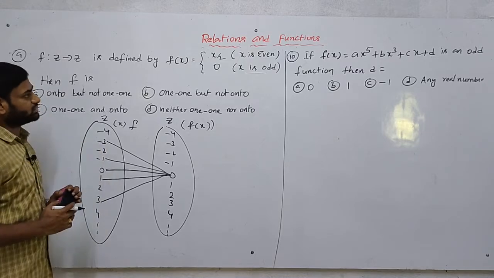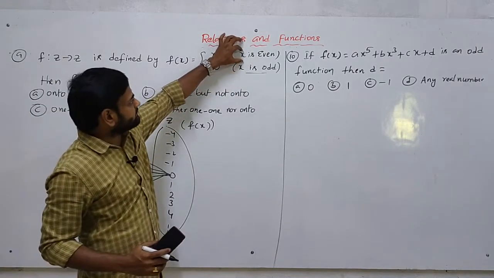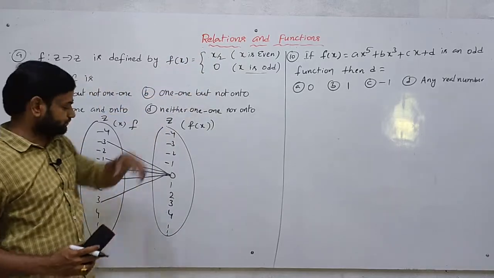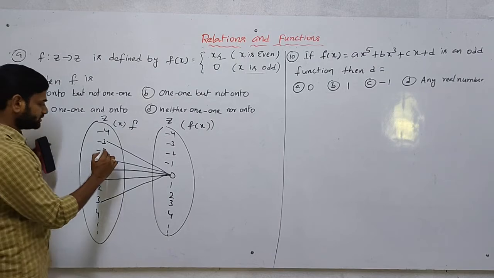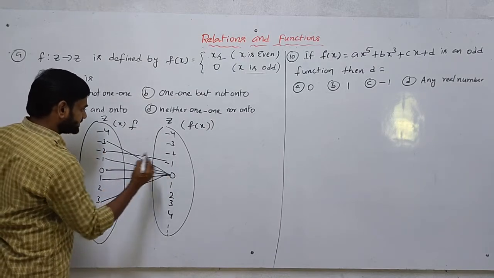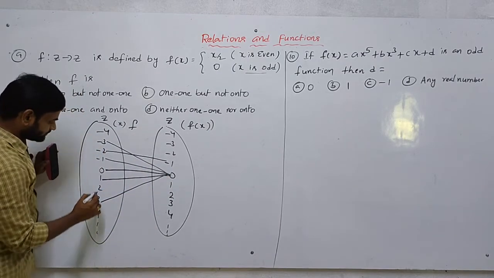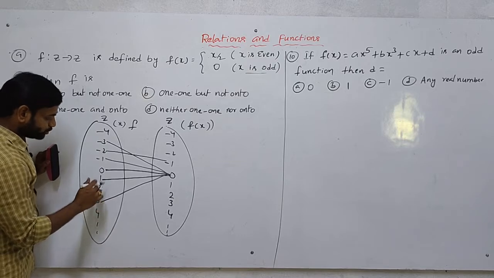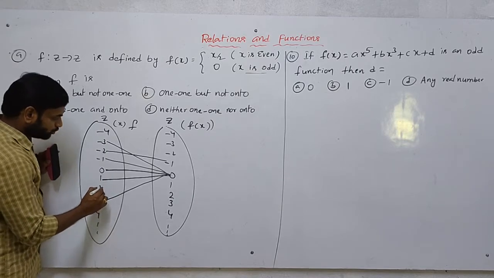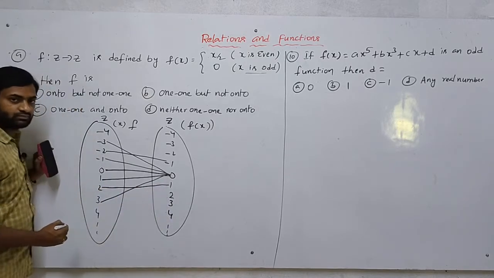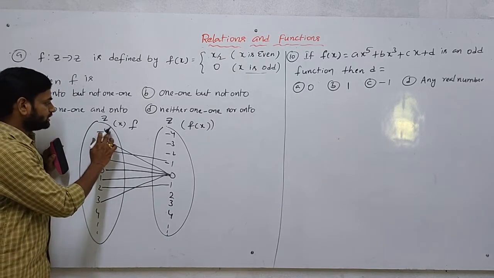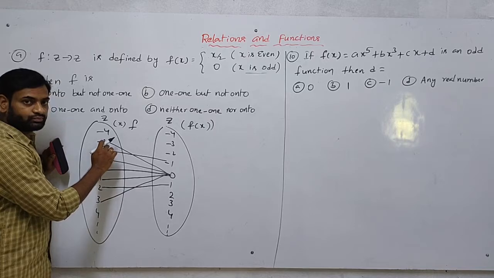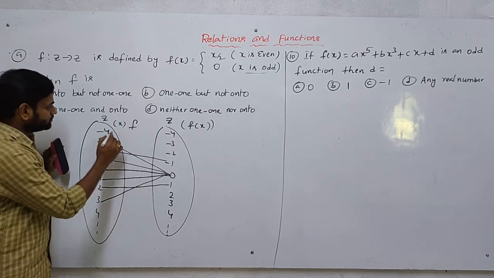Now what about the even numbers? When x is even, we divide by 2. So -2 divided by 2 is -1. So -2 to -1. Next, 2. 2 divided by 2 is 1, so 2 to 1. Next, suppose I take -4, divided by 2, that is -2.